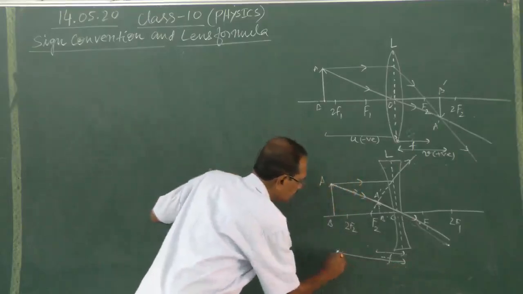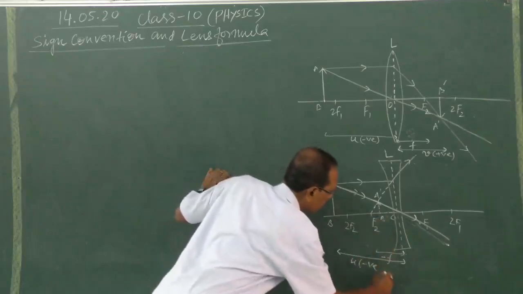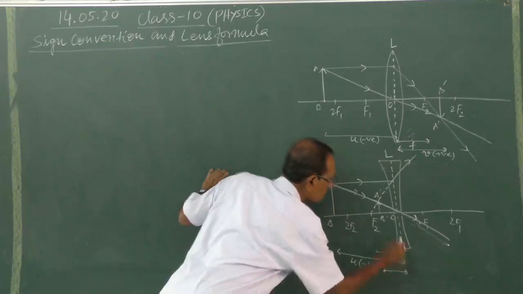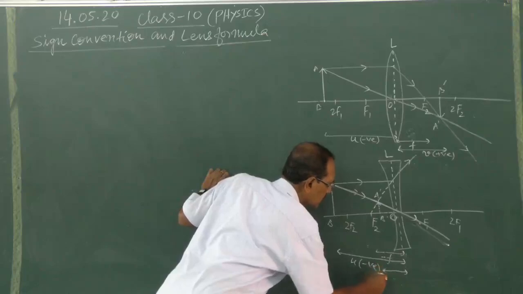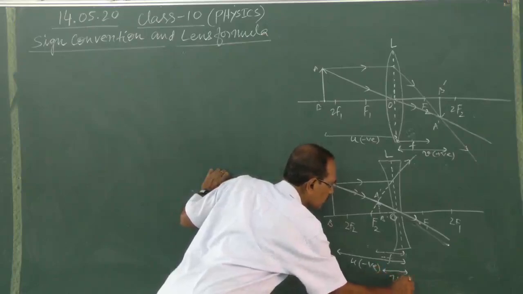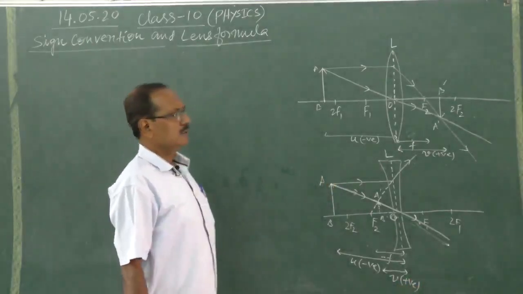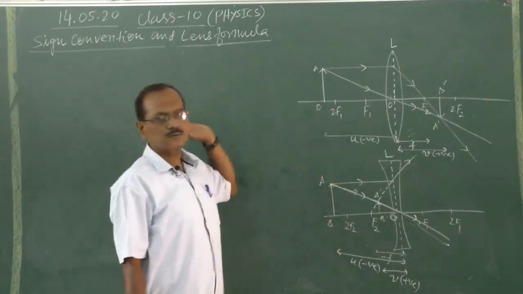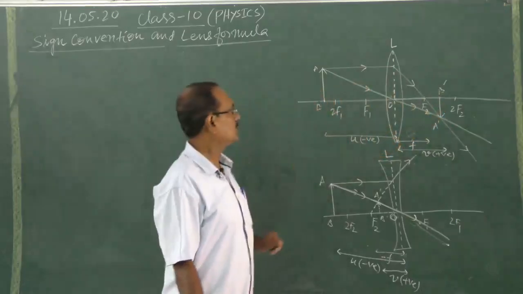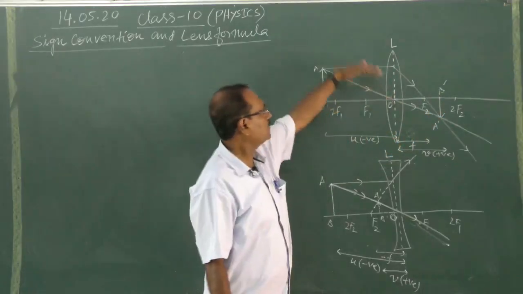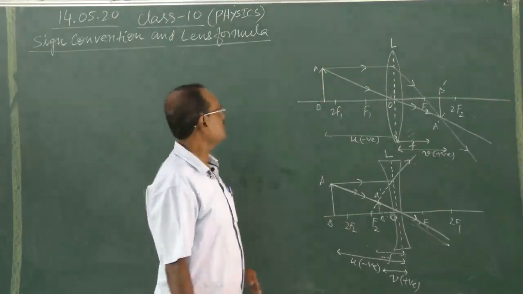This is the distance of the object u, which will be negative, and OB is the distance of the image, that is V. V is always positive. In front of the lens, all values are negative. Behind the lens, all values are positive. Above the principal axis, it is positive; below the principal axis, negative.